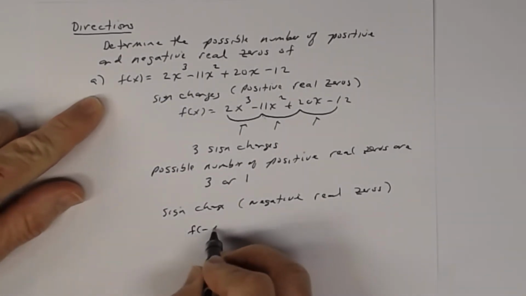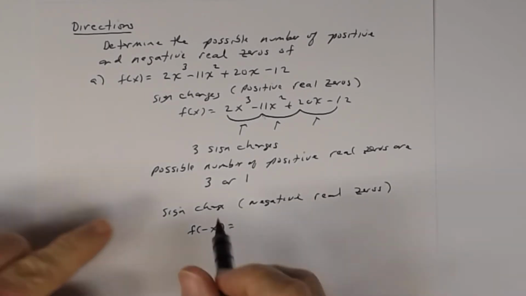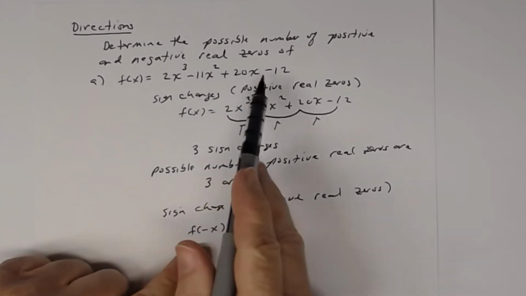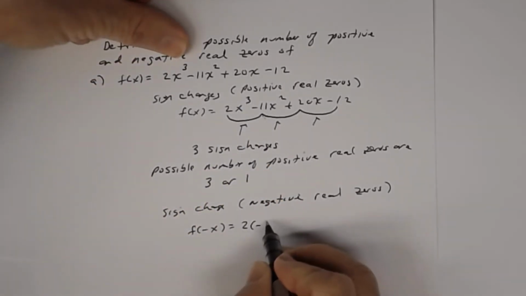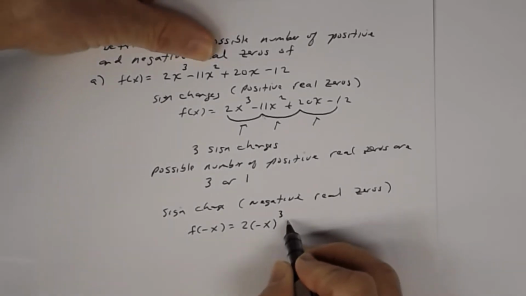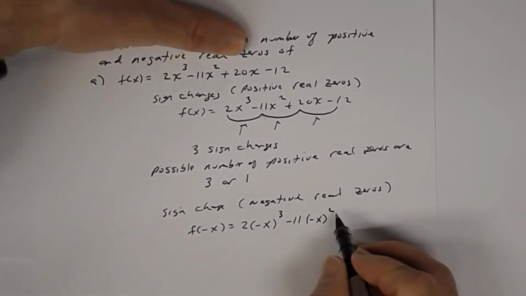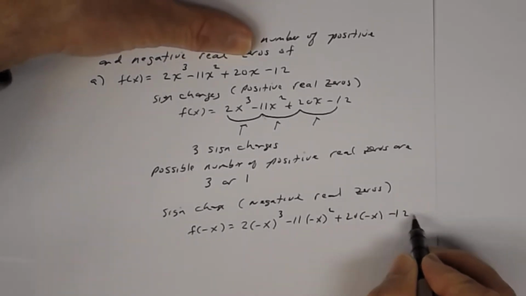It's very easy to do. So f of negative x is going to equal, remember what you did to find f of negative x? Where we see the variable x, you substitute negative x. So we have 2 times negative x cubed minus 11 times negative x squared, right? Plus 20 times negative x minus 12.